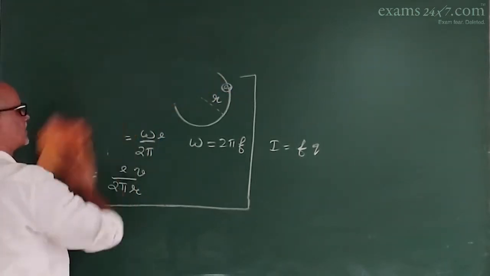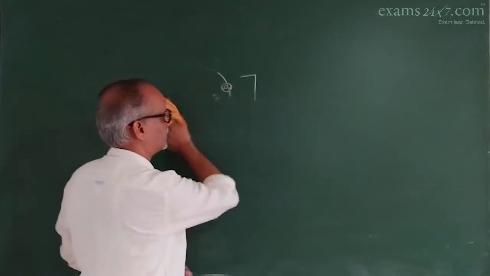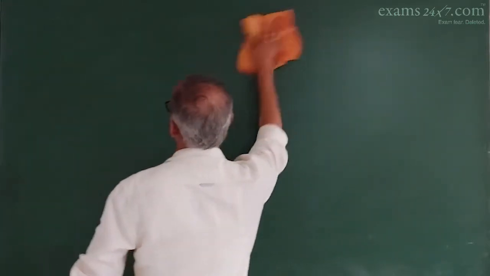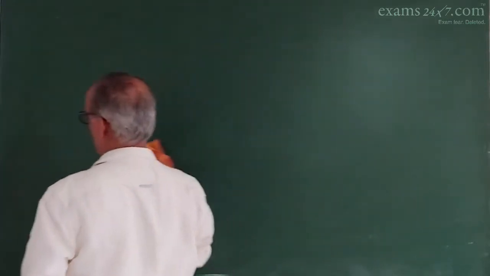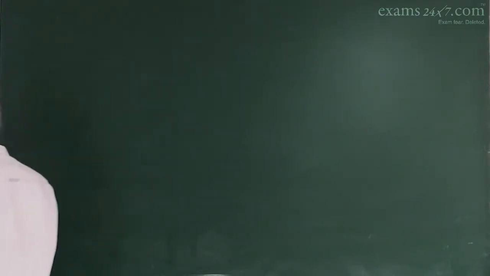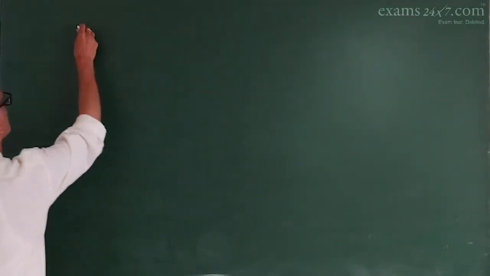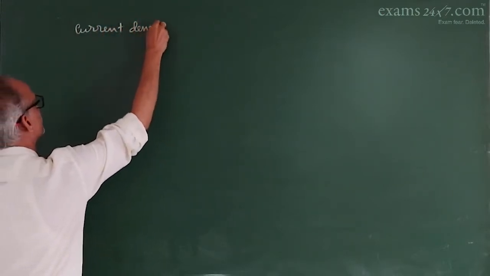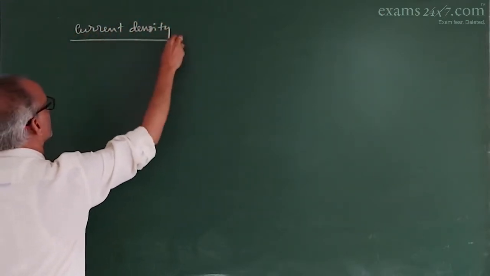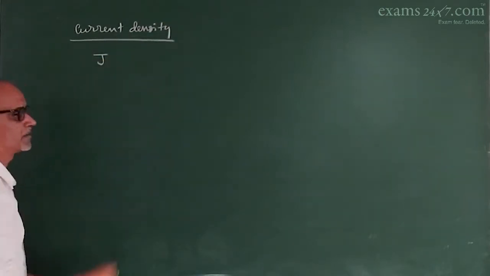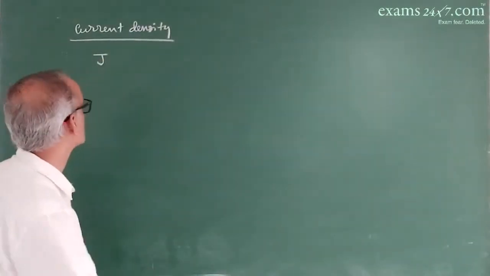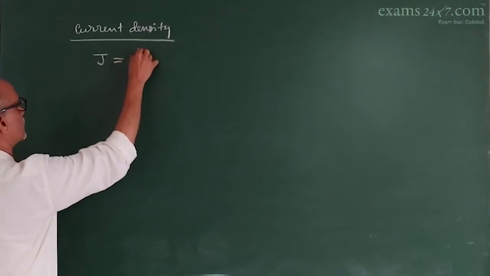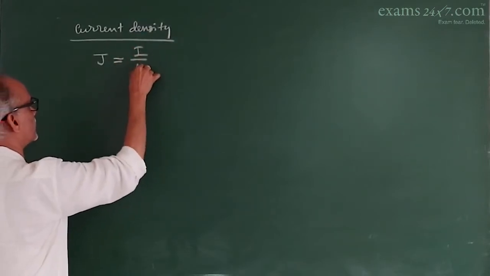Whenever current flows through a conductor having area of cross section A, then we can measure current density, which is denoted by J, and the current density is nothing but current flowing per unit area of cross section.